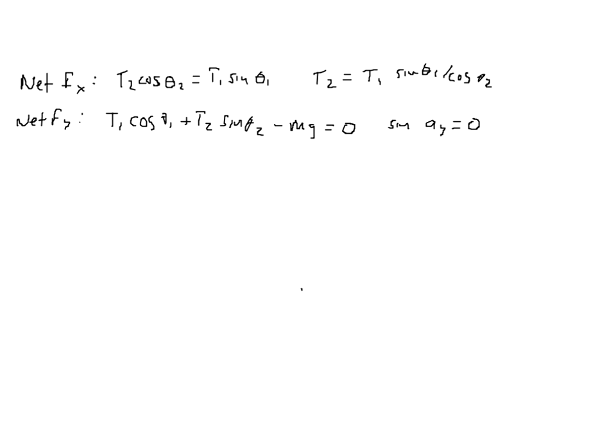All right, so we can plug in. So we know that T2 is T1 sine theta 1 over cosine theta 2.